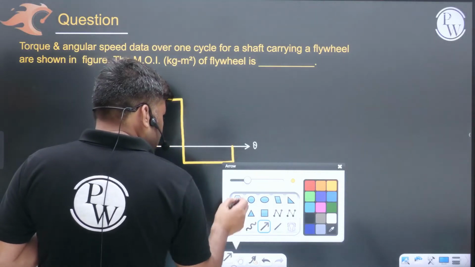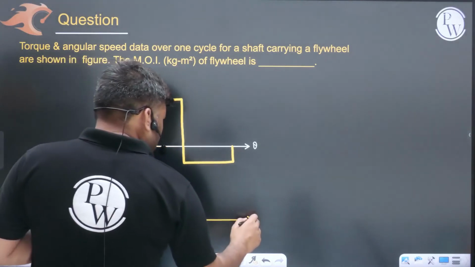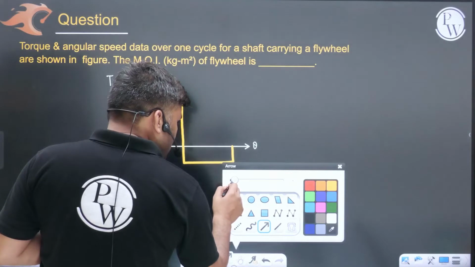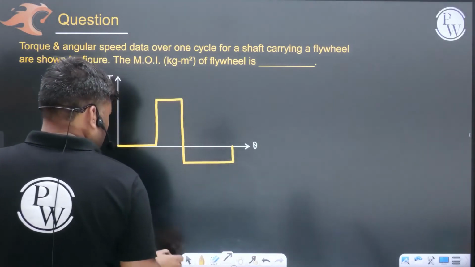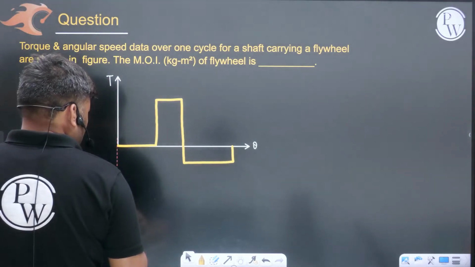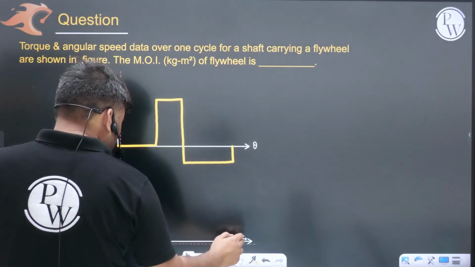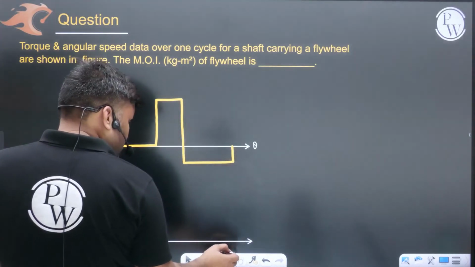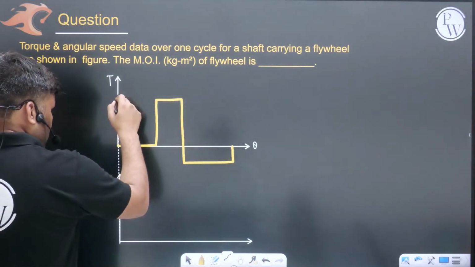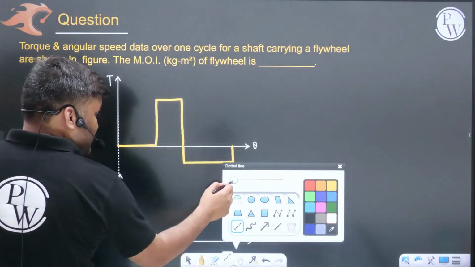Acha. Here only they have given data of speed variation. Careful. They have shown how speed is going to vary.